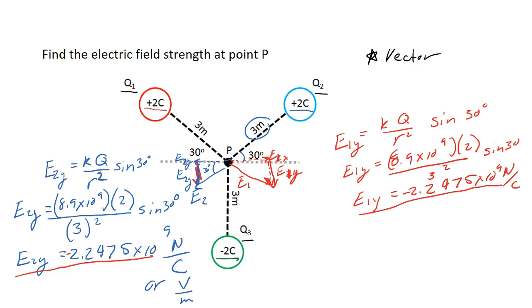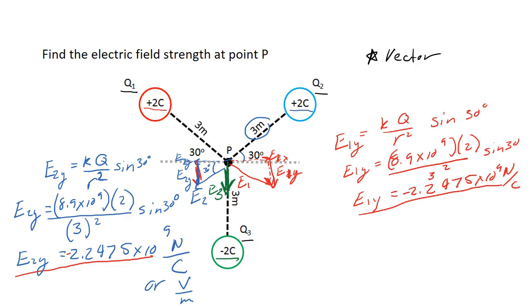Last thing we need to do is find the magnitude of the field of charge Q3 at point P. Remember we said before that it's pointing down toward the bottom of the screen, just like the y components of our other vectors. It doesn't have any x or y components, so we're not going to need to use sine or cosine to find the components. It's just straight up calculation.